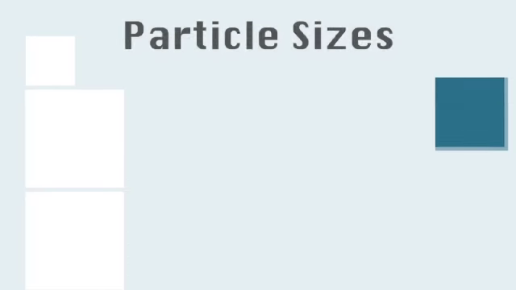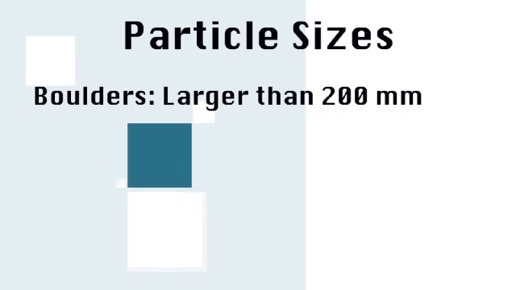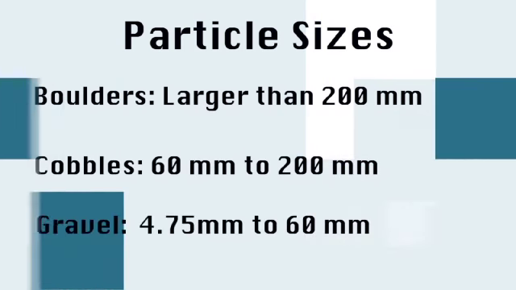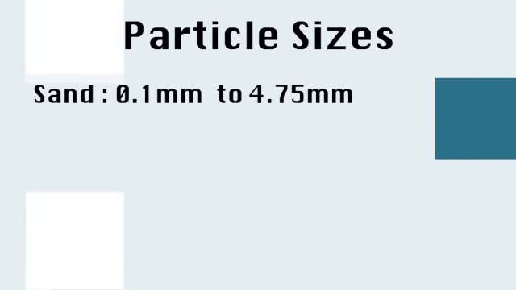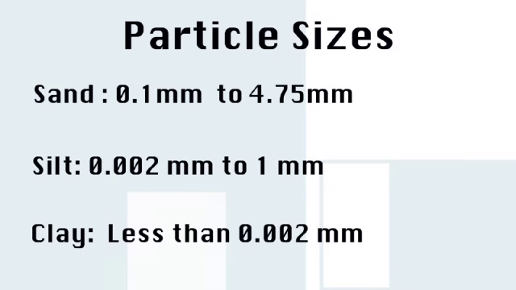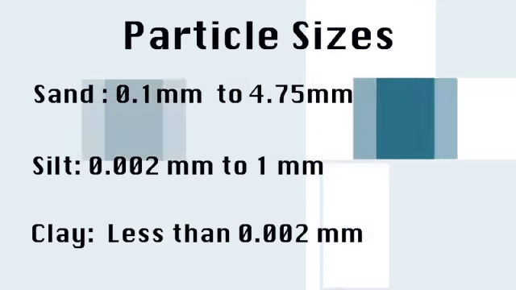So even although the particles making up the soil may be of different sizes, the dominant one tends to give us an indication of how that material will behave when we use it in a road. The largest sizes are boulders. Then we've got cobbles, and from that we go down to gravel, and below that is the sand, and below the sand we get silt, and then the finest particles right at the bottom are the clay.